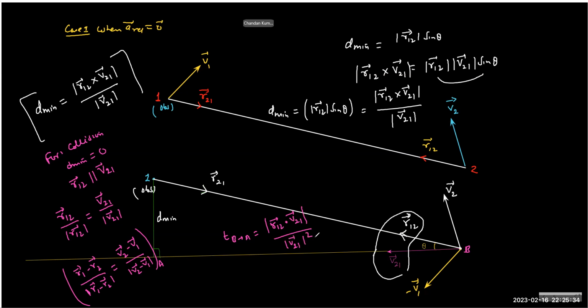Dimensionally, I can remember it easily because I need distance upon speed. So in the numerator we have speed, so I will make it a square. In case you fail to remember the formula, you can think dimensionally and get the right answer. And in case of D minimum, because I need only the dimension of distance, V21 will come here. This is just a memory trick, nothing else.